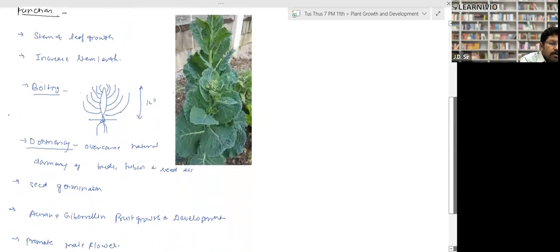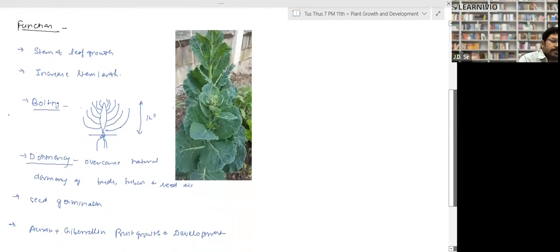Now put the heading functions. Now what are the functions? So start noting down. In function, stem and leaf growth takes place due to it.